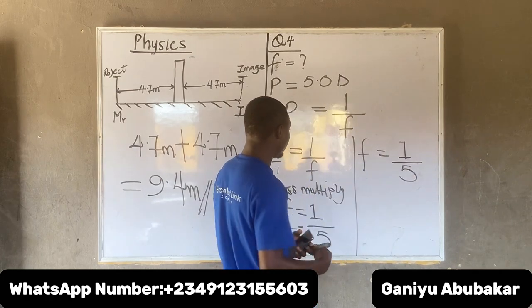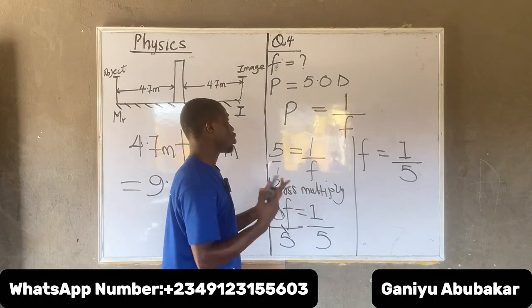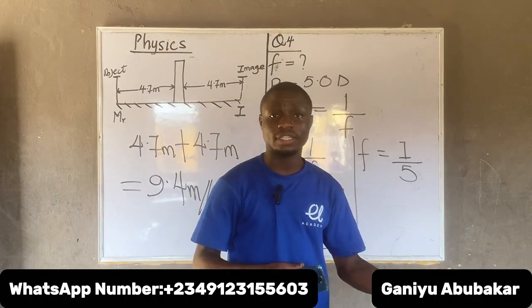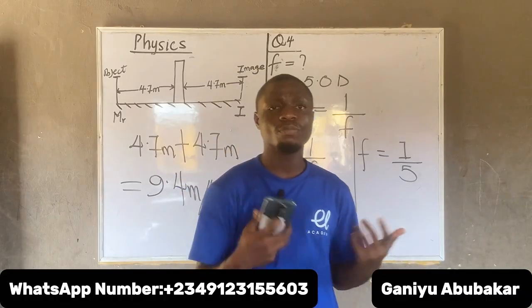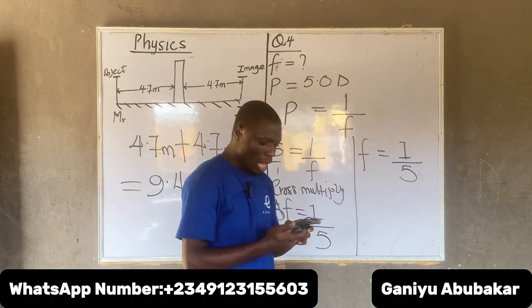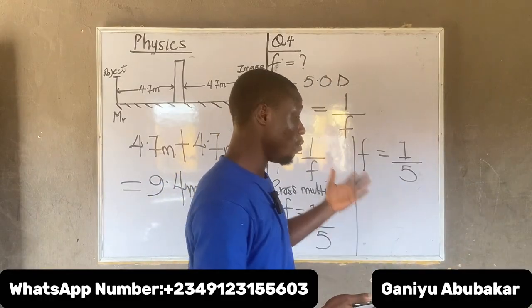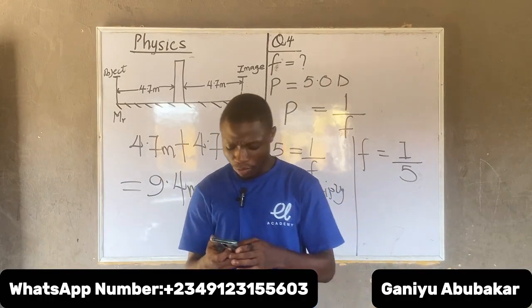This is how you solve problems of this kind when you have a relationship between focal length and power. This is question 4, and we're doing 1 to 12, still at question 4. So let's move on, guys.